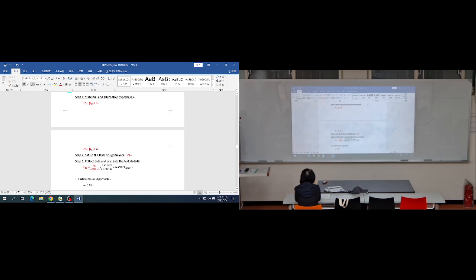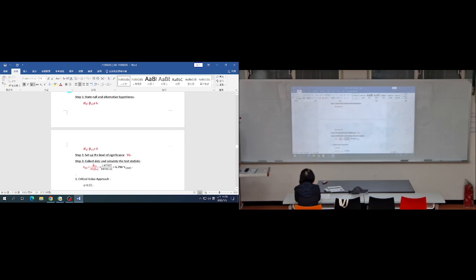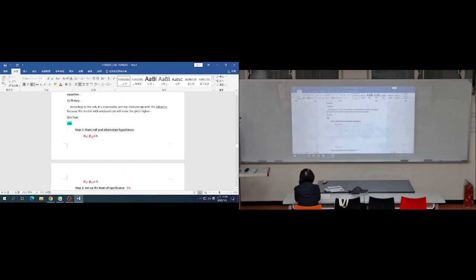What's the meaning of the alternative hypothesis here? Why is it greater than 0? Because it's a positive relationship. Because if we use the cab, the price of the tractor will increase. So therefore the alternative hypothesis should be positive. Yeah, okay, go on.